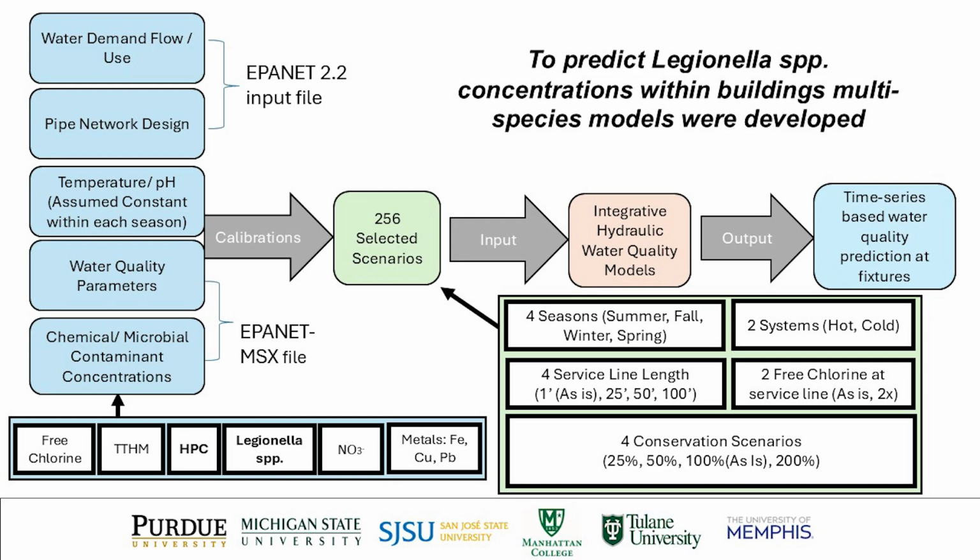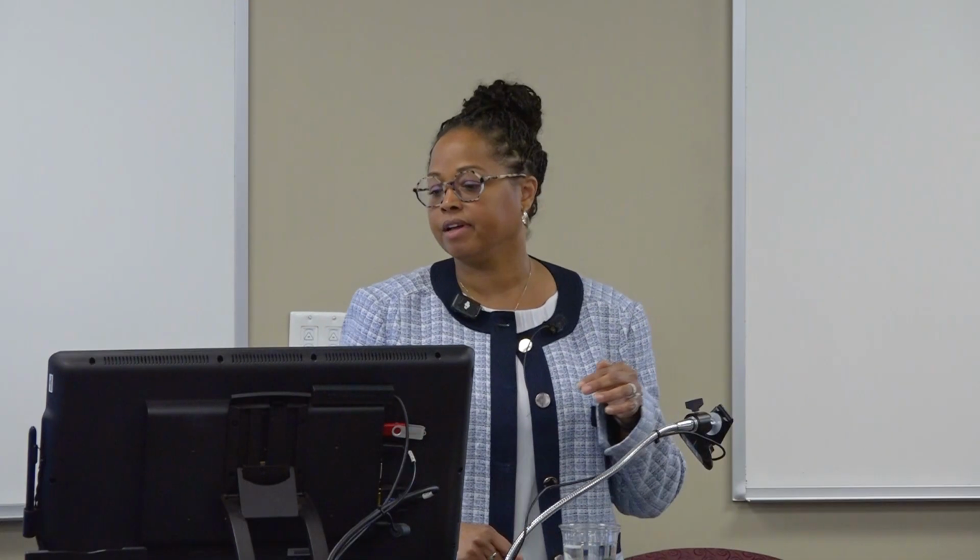But we did use EPANET and the MXX file to develop that hydraulic water quality model, where one would be able to put in different types of pipes, different demands. I'm looking at temperature, water quality, and there were actually 256 scenarios, so trying to think of all of them off the top of my head is probably not a good idea.